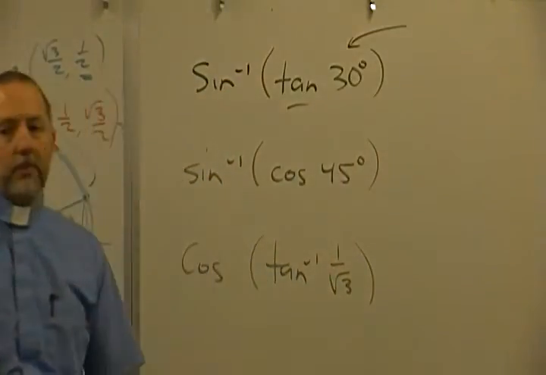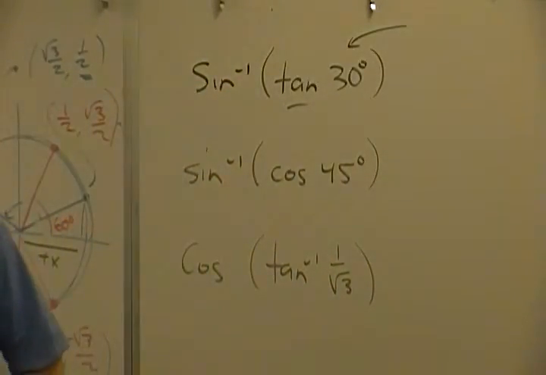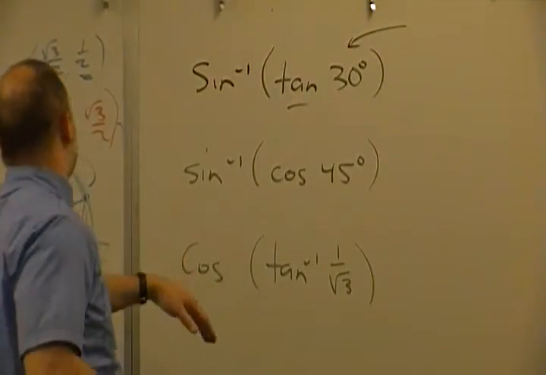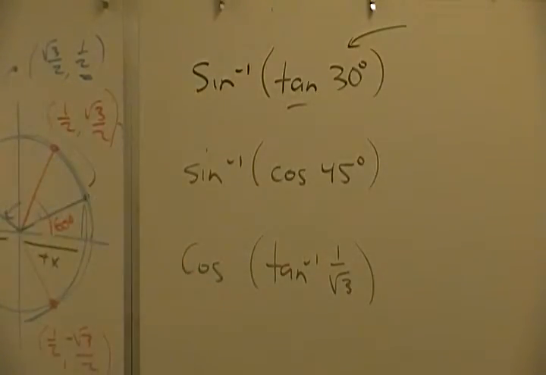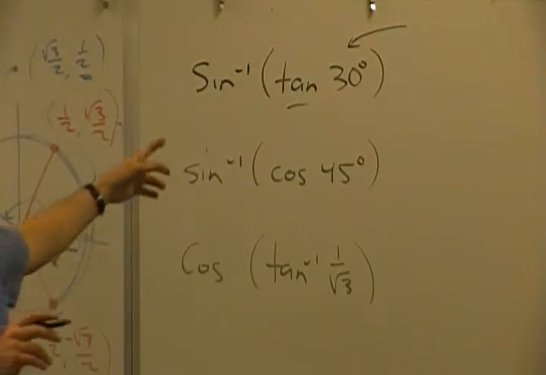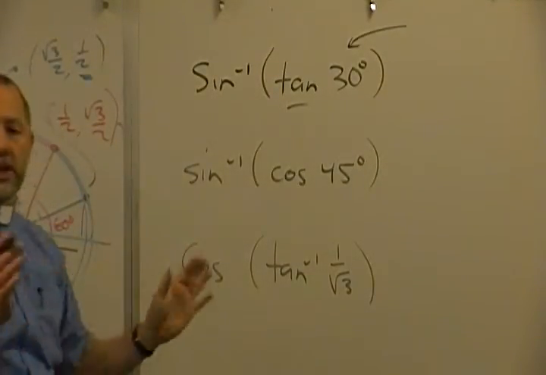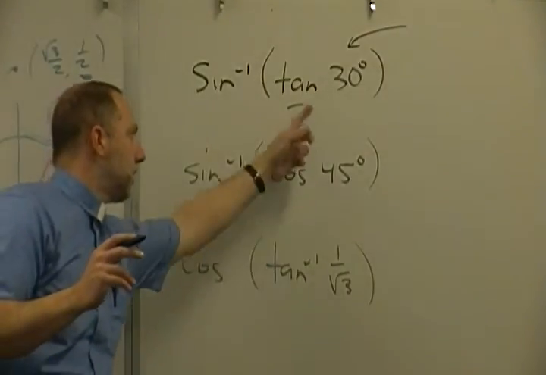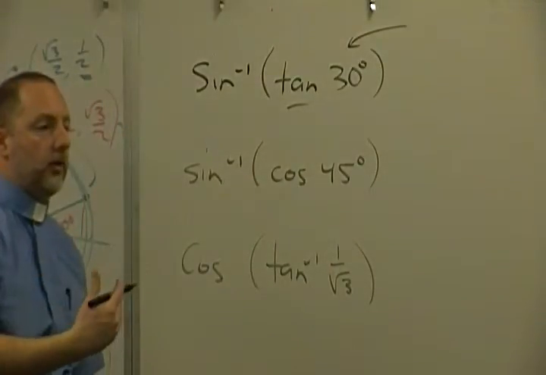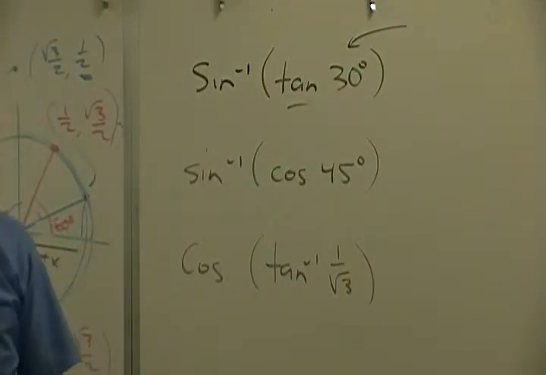Again, this often happens when you have tangent. They don't always match up nicely or perfectly, because tangent values are sine divided by cosine, so it skews your values a little bit. If these were all just sine inverse and cosine, if I gave you one of our regular angles, they'd always come up as some other normal angle.